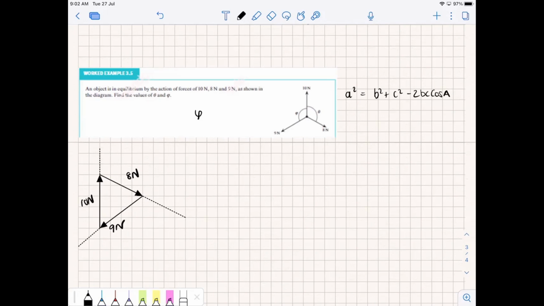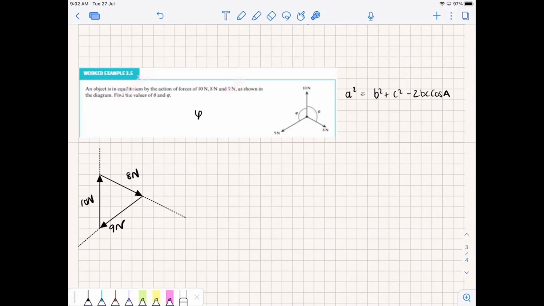Right, now we need to compare where these angles are in relation. Once you get the idea of where the angles are, you don't need to draw force diagrams. I'm just drawing them so that I can show you where these are coming from, so that I'm not making them up. This angle here is just the angle theta.